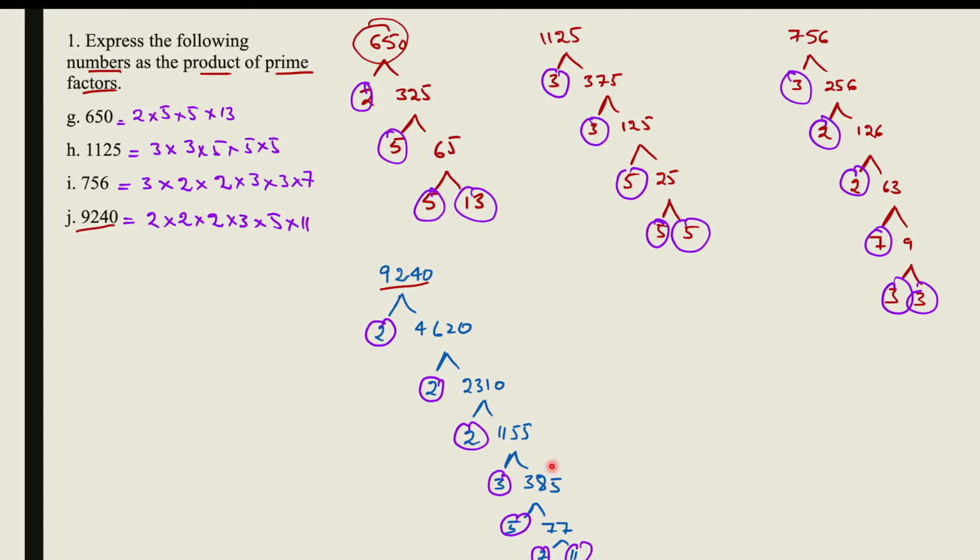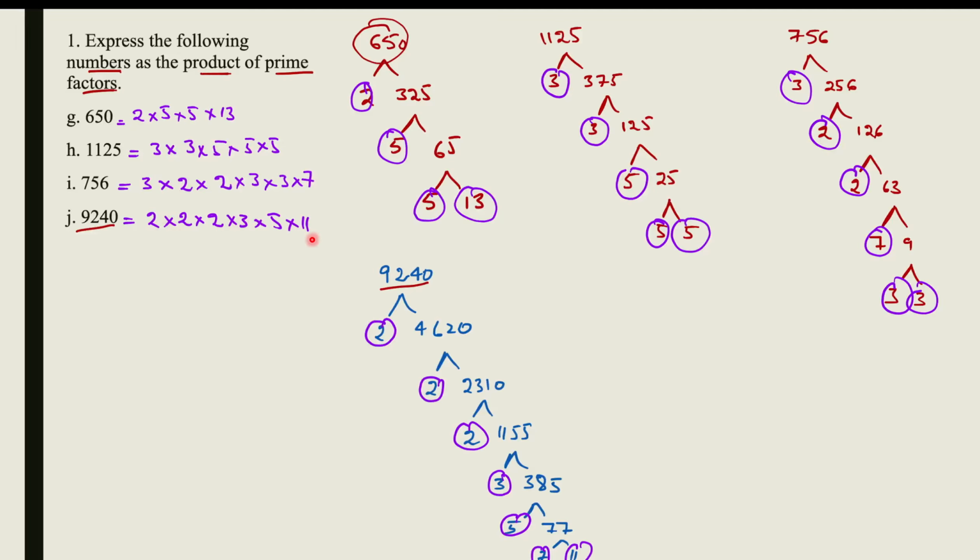The second factor is a composite number, so we split it further. We get 5 and 77. 5 is a prime, it is circled, and 77 being composite is split further, and finally 7 multiplied by 11 is equal to 77. So we get 2 primes, and here is where we stop.